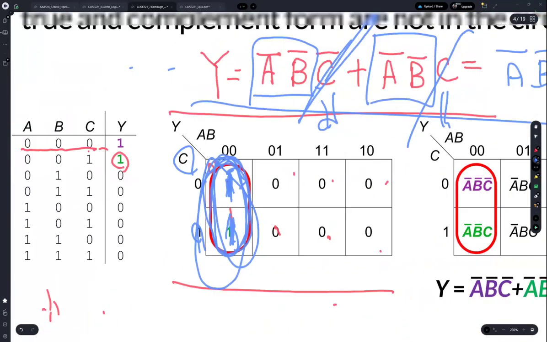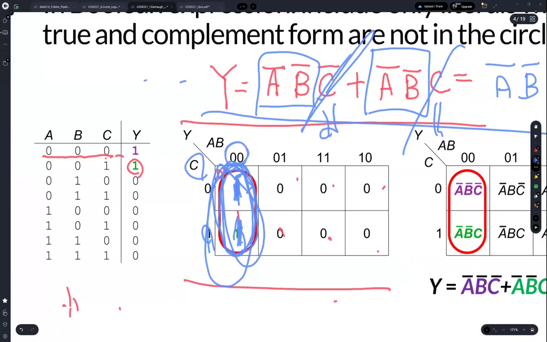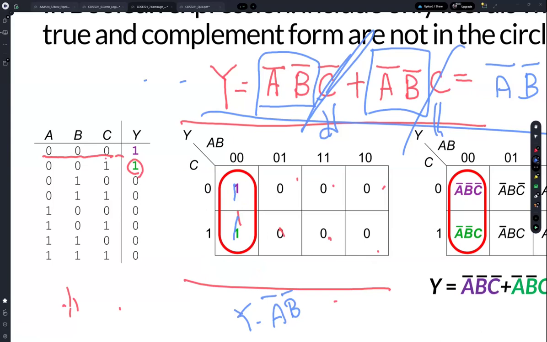So you can just use this term, like A bar, B bar. So do you understand? In the Karnaugh map, we can make a rectangle like this by merging the multiple elements, right?